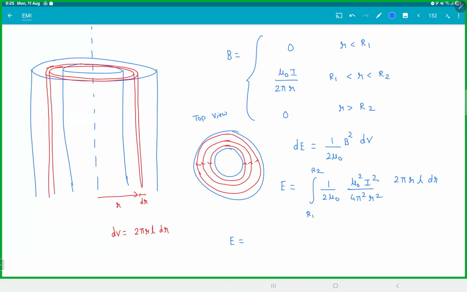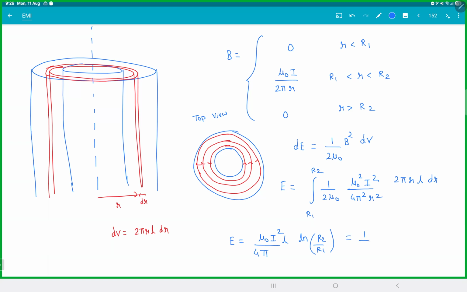From here the 2 will cancel, one mu naught will cancel. You will end up with mu naught I square L by 4 pi times ln R2 by R1. There is a 4 also.